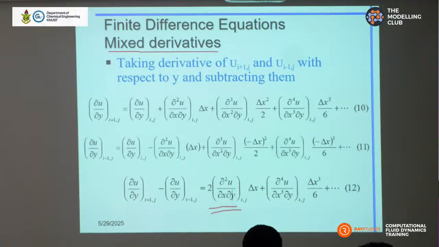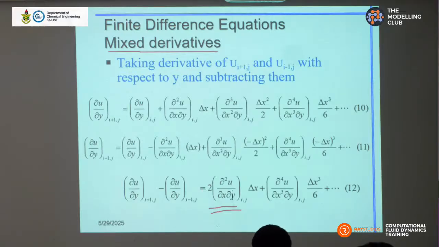Now we want to look at the finite differences to obtain the mixed derivatives. The mixed derivatives are, for example, taking the partial of the velocity with respect to x first, and then taking the derivative of u with respect to y. This obtains the mixed derivative.